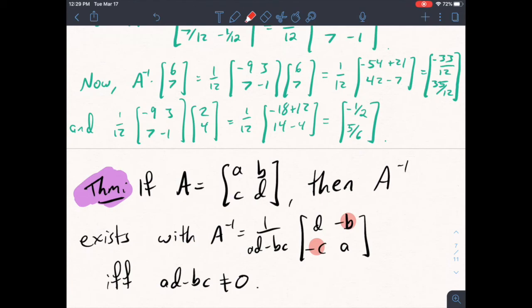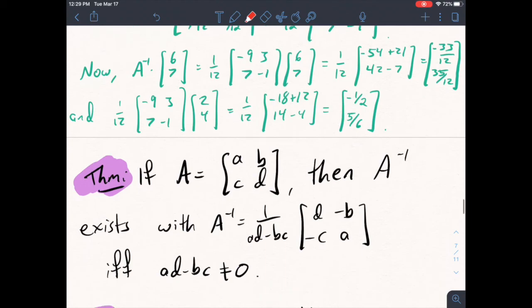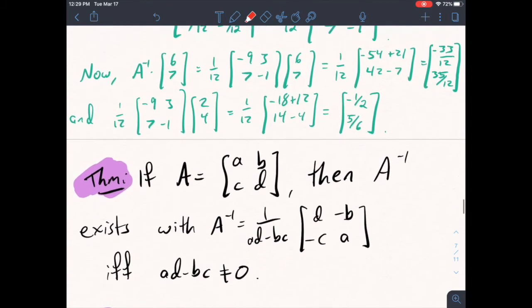And then on the outside, I just multiply by 1 over AD minus BC, which we're assuming to not be equal to 0 in this case. Okay. The proof of this is really just a calculation: you can row reduce A, B, C, D to the identity matrix and then see what your inverse matrix has to be, and it turns out to be this.